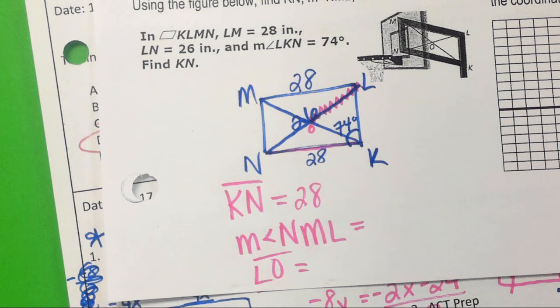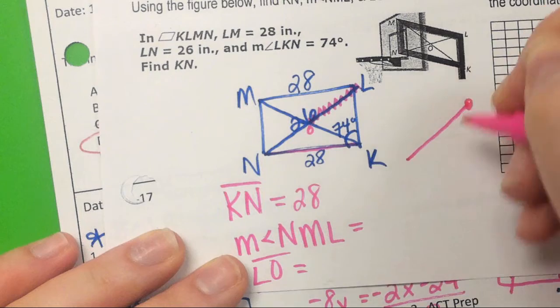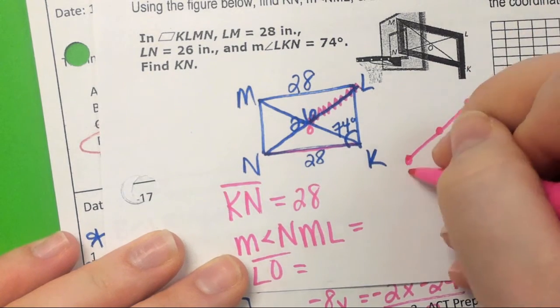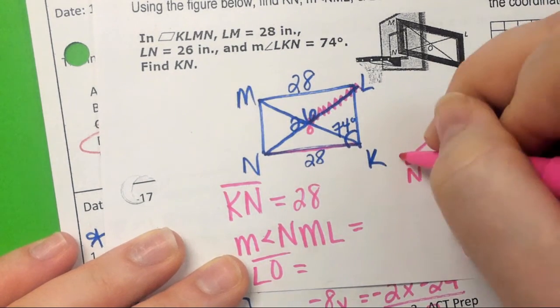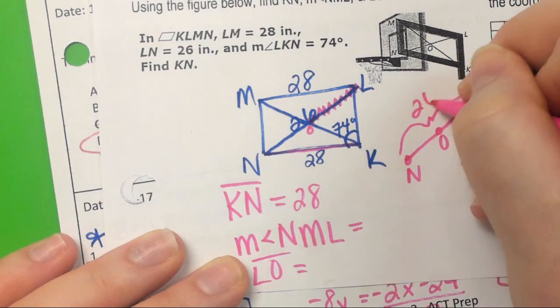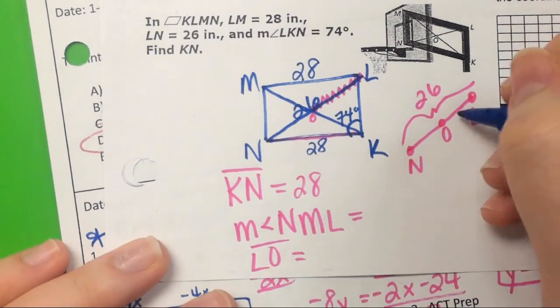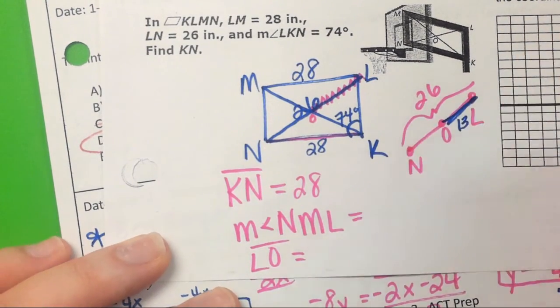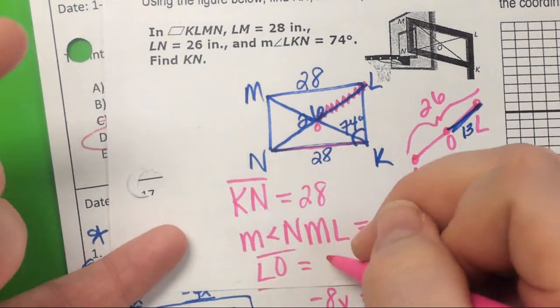I will accept from anyone. Yes, dear. 13. Why 13? That's the full one you have to put in. Okay, so the entire diagonal, I gotta draw myself a little side picture, was NOL. And we knew the entire thing was 26. And they asked for half of it. So, of course, half of it's gonna be 13. Derek is right.